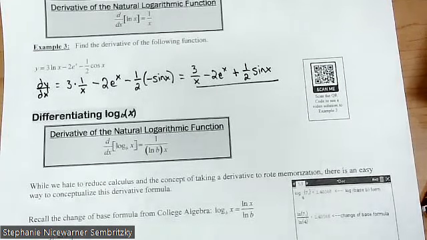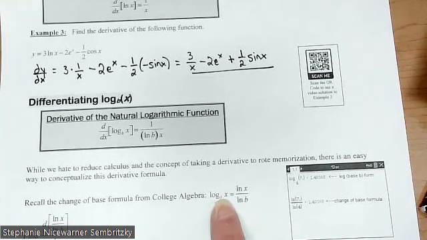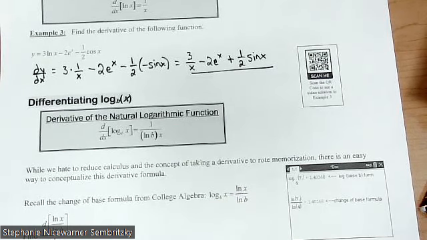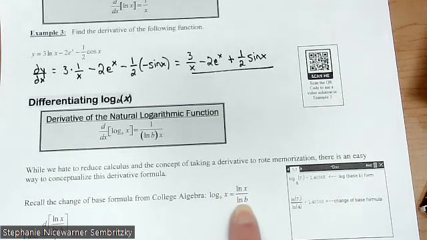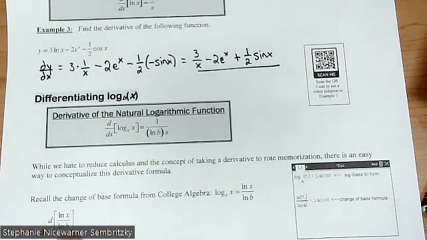And I really don't want this to be kind of something you have to memorize. So let's just think about the fact that we have this change of base formula. Log base b of x, we can rewrite that as ln of x over ln of the base. So if I take the derivative of that, well, ln b is just a number.